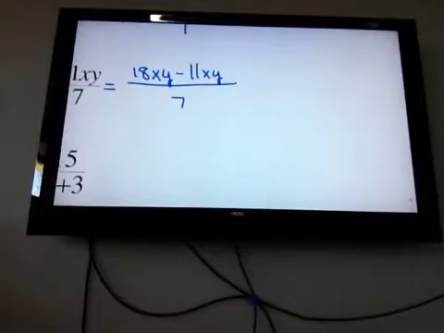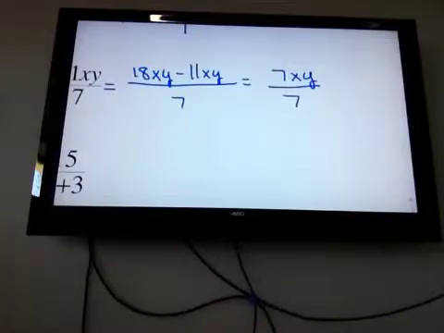Can I add or collect those together? Yeah. 18xy minus 11xy is 7xy over 7. Factor if I can, but no, I cannot. And then reduce. Yes, my 7s can cancel, leaving just xy.